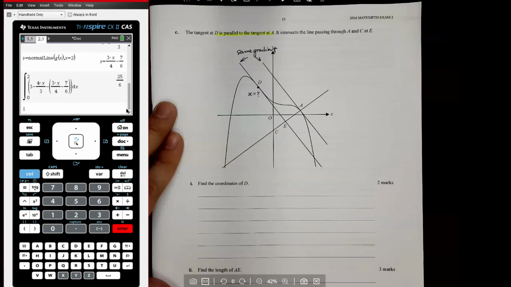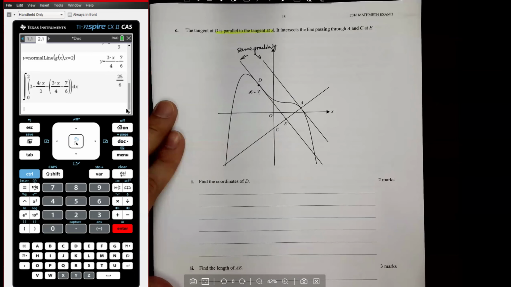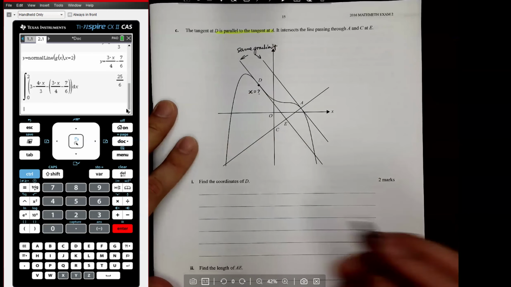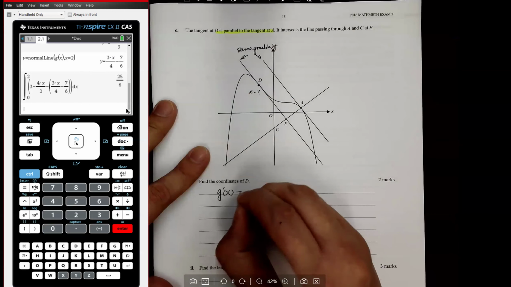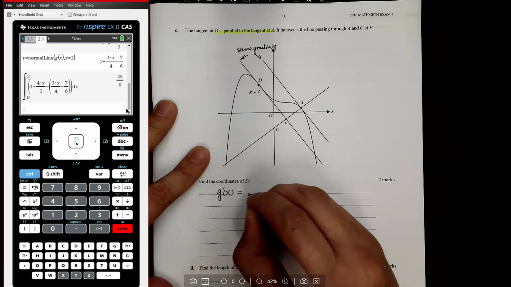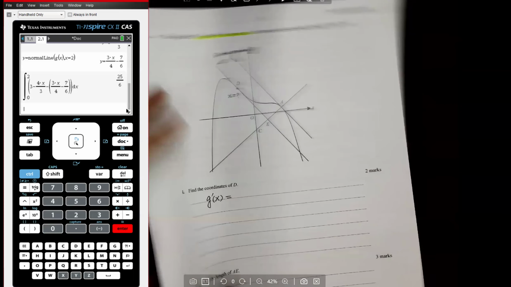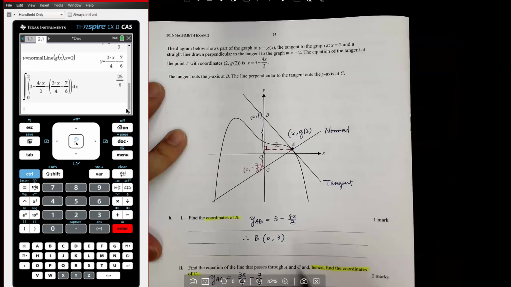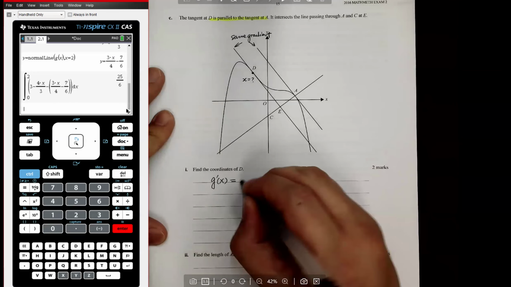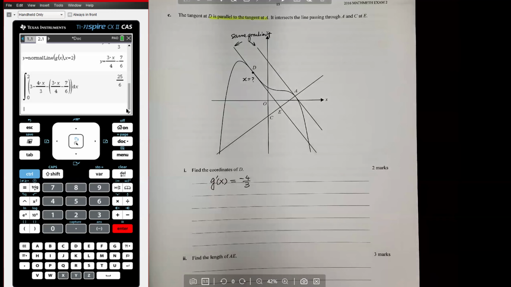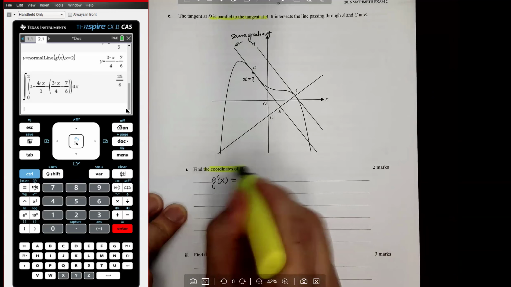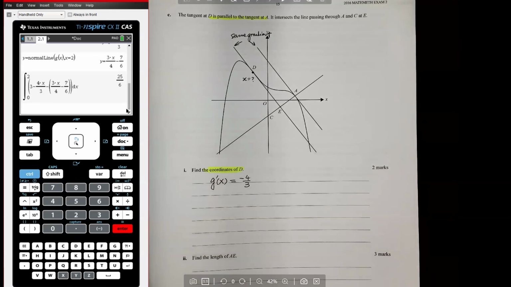And there are 2 marks, so you expect some kind of method mark or answer mark. What I'm trying to say is, first, your g dash of x should be the same gradient. The same gradient, if you look at the previous working, that's minus 4 over 3, okay? So you say minus 4 over 3. But don't forget, you are trying to find the coordinates. You also need to find the y coordinate, okay?